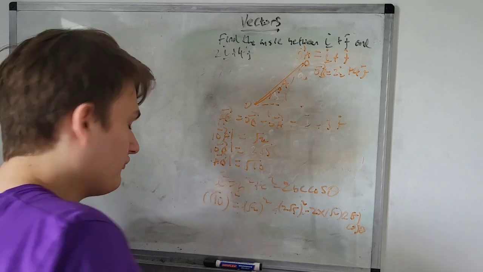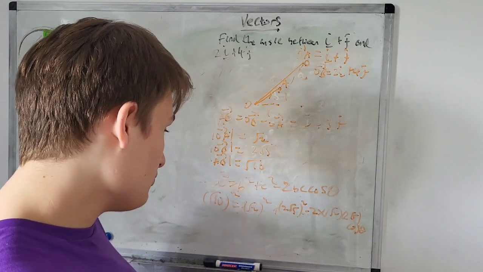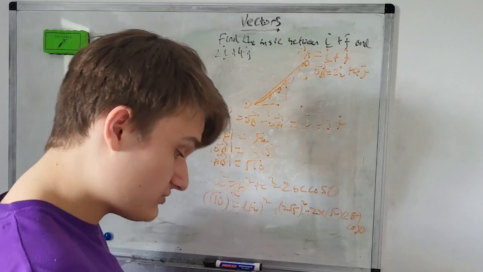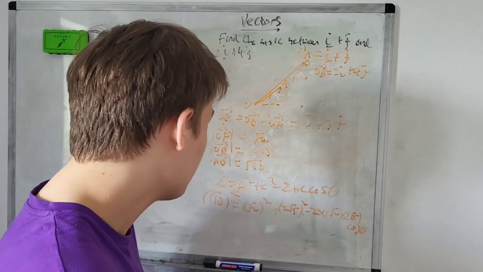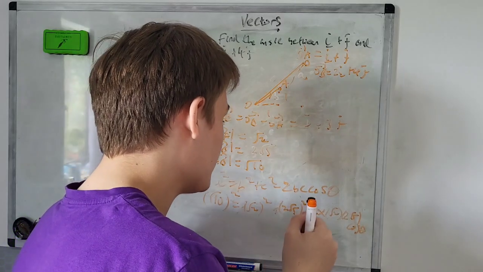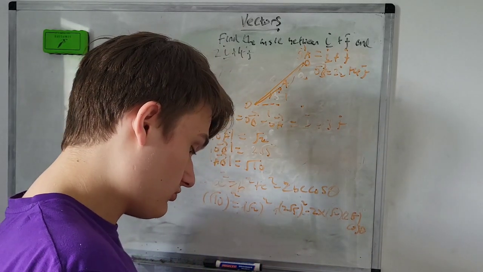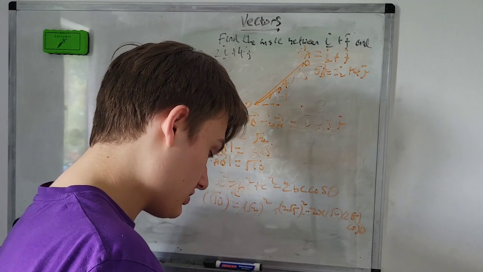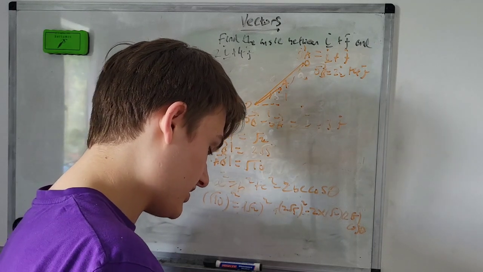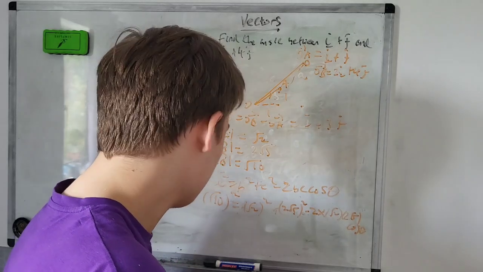Now, if you weren't so confident with this, you could just stick the entire thing in your calculator and be done with it. So that's exactly what I'm going to do, because I'm being lazy. It's going to be root 2, and yes, I'm going to stick the entire thing in the calculator because I'm being lazy. So I'll make sure to make an error for you guys.